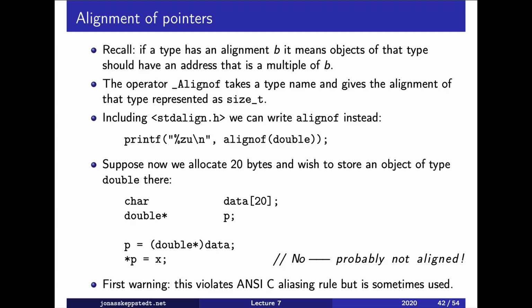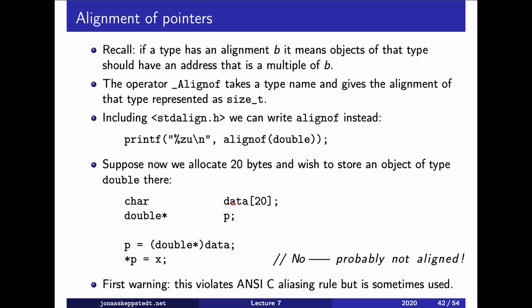Normally the compiler takes care of assigning addresses to variables, but let's say that we have a char array and we want to put doubles in it. Then one approach is to cast this data to a double pointer, and then just put an x, which is assumed to be a double, at the first 8 bytes of this array.